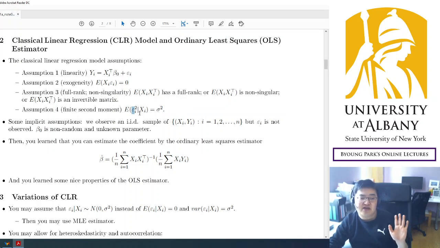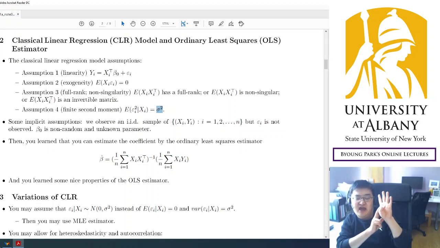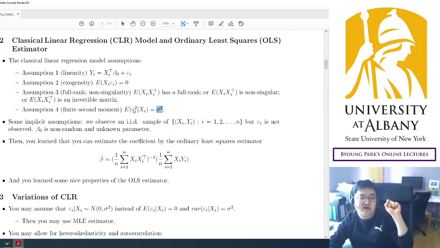That means if the second moment is finite, it should be one common number. It is finite, and by the implicit assumption, they are identical. Combining those two, you can write the expected value of epsilon squared as one constant.